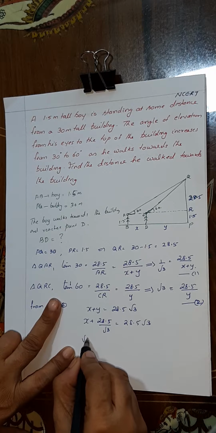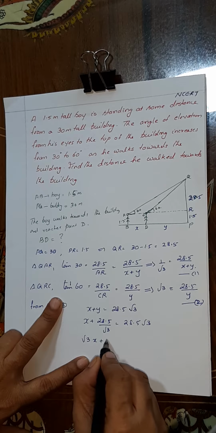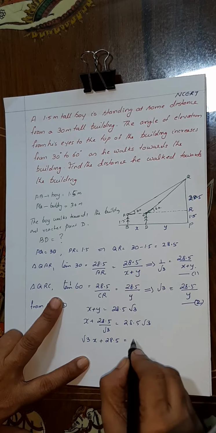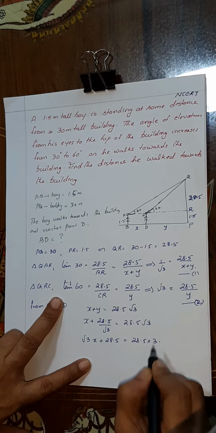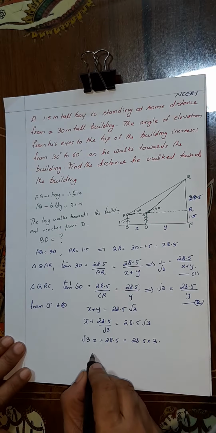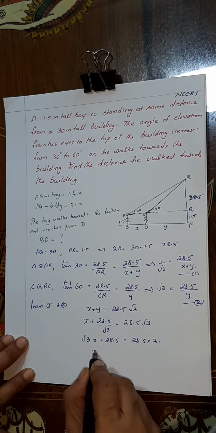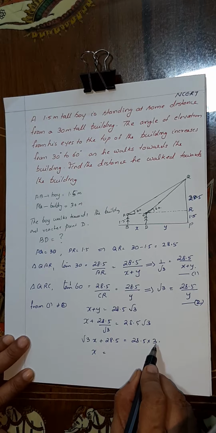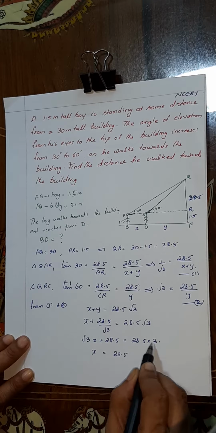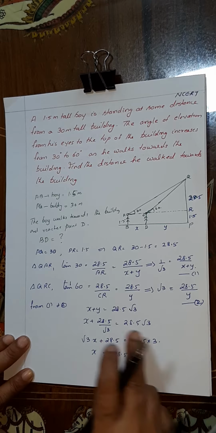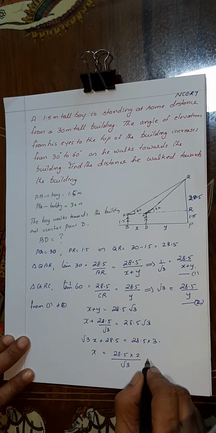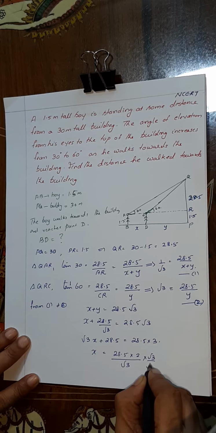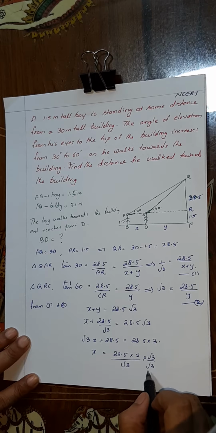so root 3x plus 28.5 is equal to 28.5 into root 3 will become 3. So this will become x is equal to, now 28.5, 3 minus 1 is 2, bringing this here, then divided by root 3. So this is equal to, now you multiply by root 3. This will become 3.